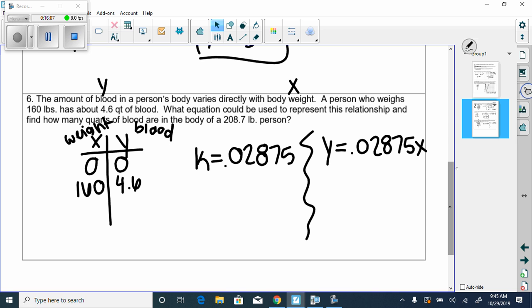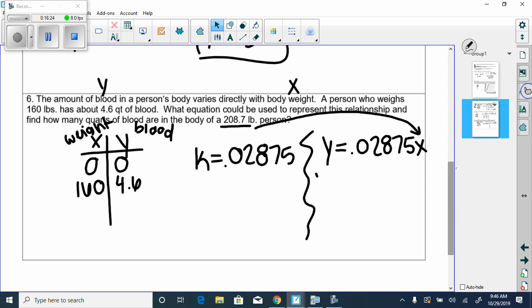Okay? And they want us to figure out how much blood there would be for a person that weighs this much. So we said weight was our x value. So we're going to take this weight right here and plug it in for x.